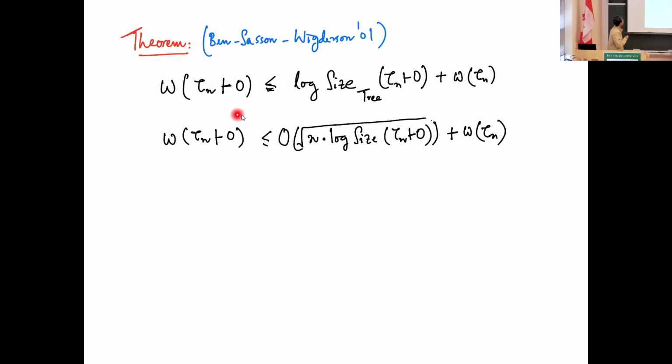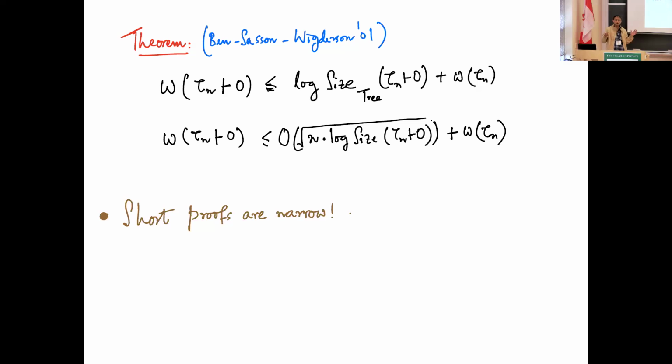The first one is for tree-like proofs, something that we will start talking about more, and the second one is for more general DAG-like proofs. You don't have to understand the details, but there's a log here that's interesting to remember. If your size is like 2 to the n, then your width would be n. The general idea, as they summarize it, is that short proofs are narrow.